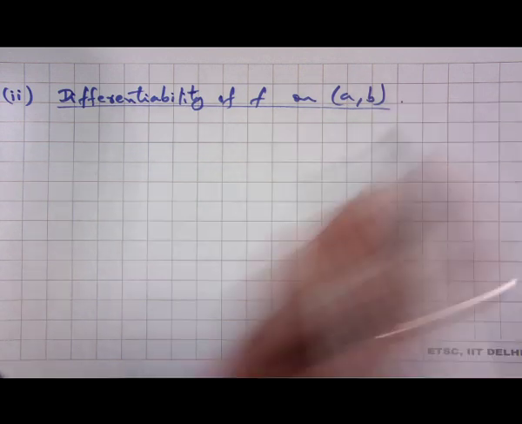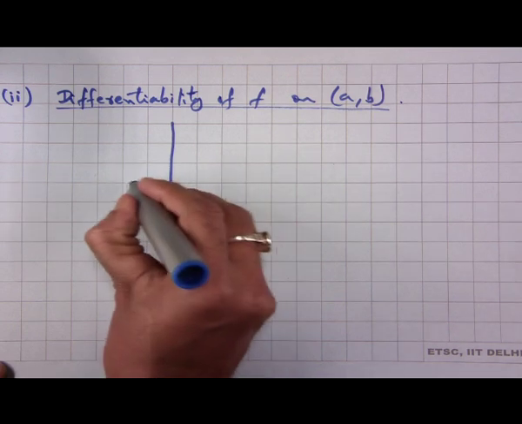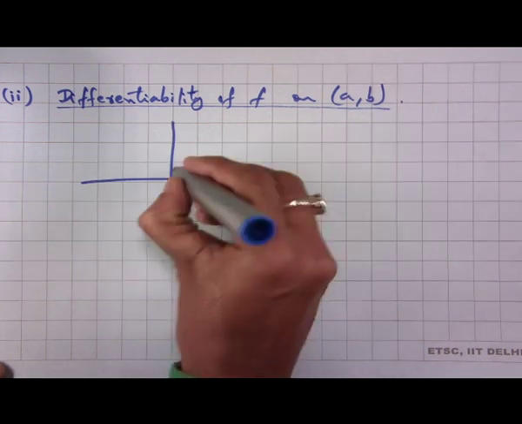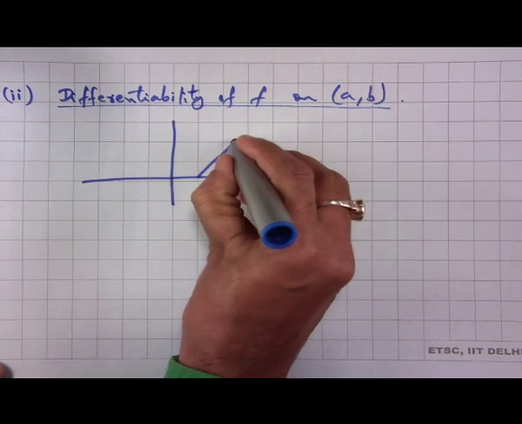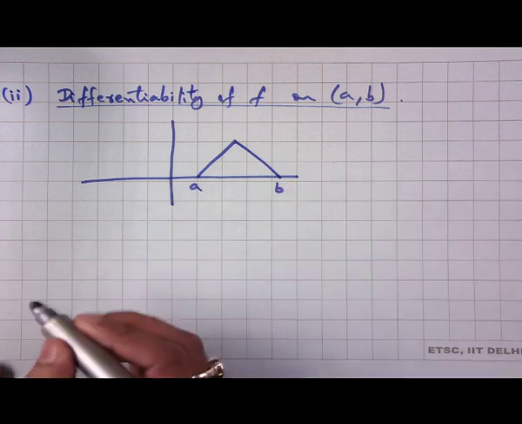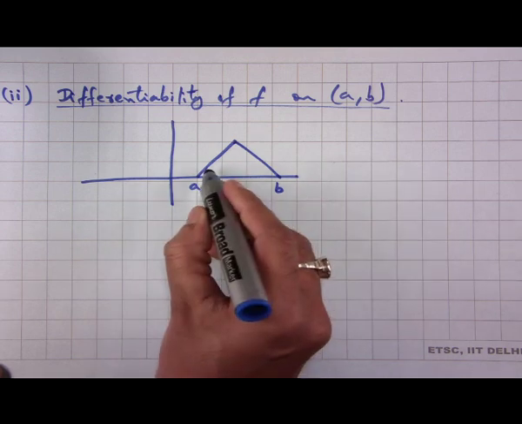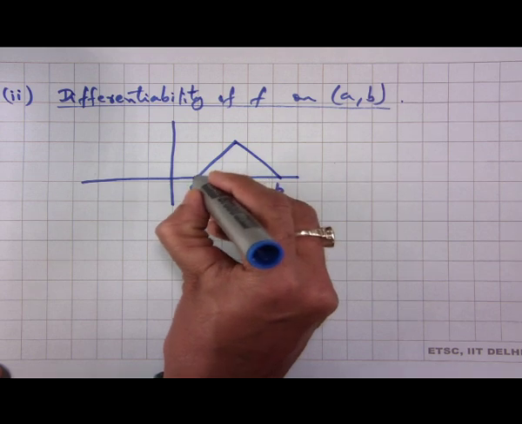Suppose this fails, then the function might be like this. I have A and B here, and if you see this function, again there is no such point.